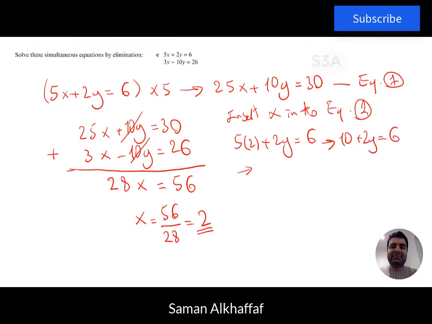So the 10 moves to the other side, so that would give us 2y equals 6 minus 10. So we'd have minus 4 on the other side, so 2y equals minus 4, and y would be equal to minus 4 over 2, and we would have minus 2 as the answer.